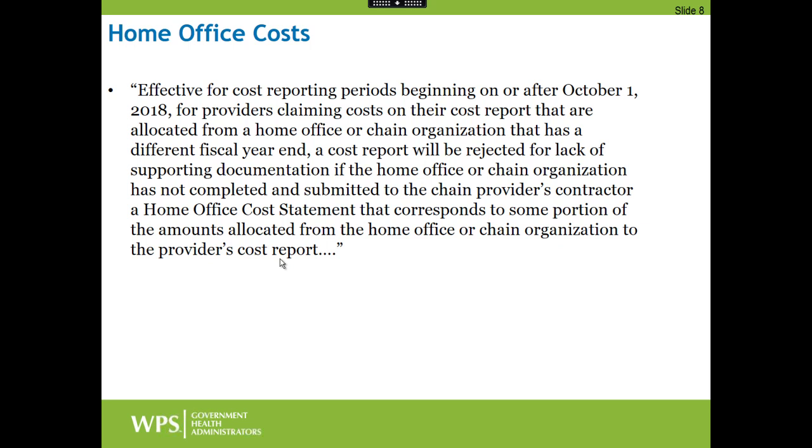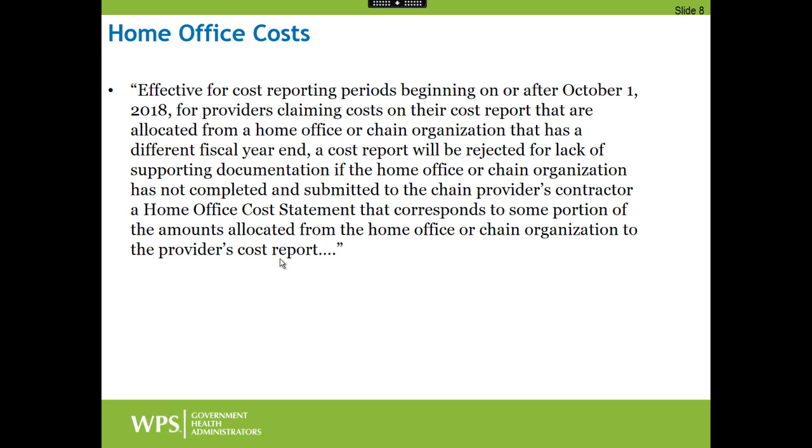For example, if your provider cost report is a June 30th cost report, but the home office cost statement is a 12/31, then there are going to be two different cost statements that use half of the data from each of them for that component cost report. That's the reason this cannot match perfectly.